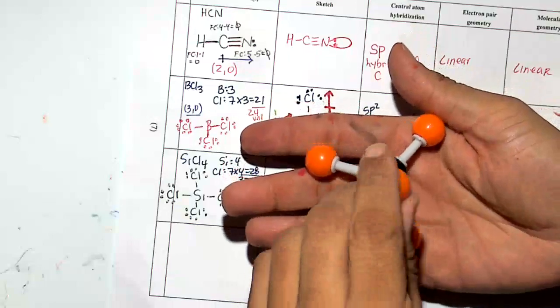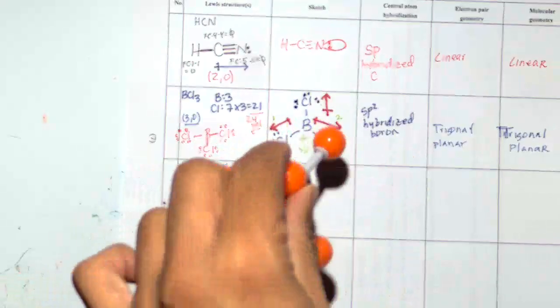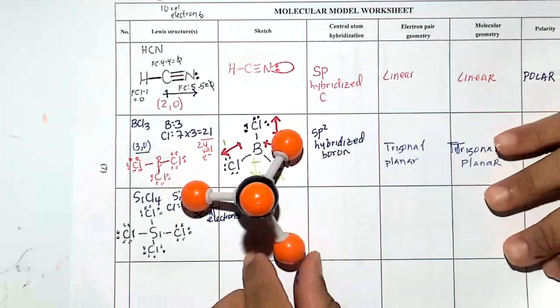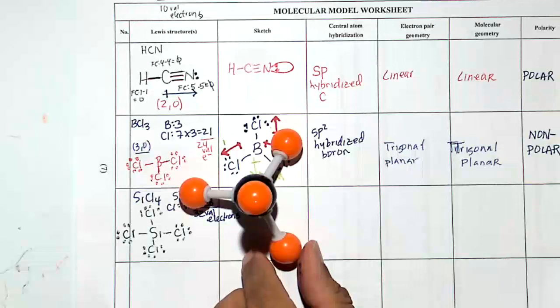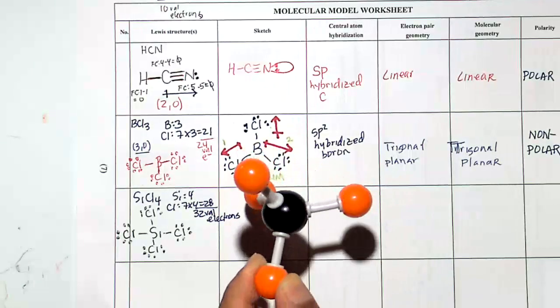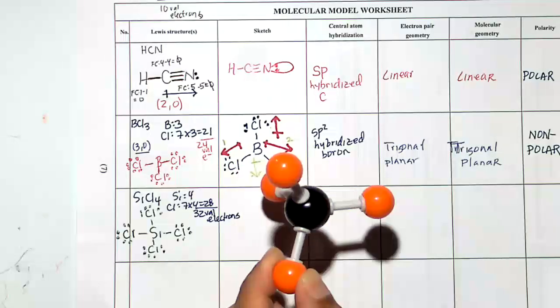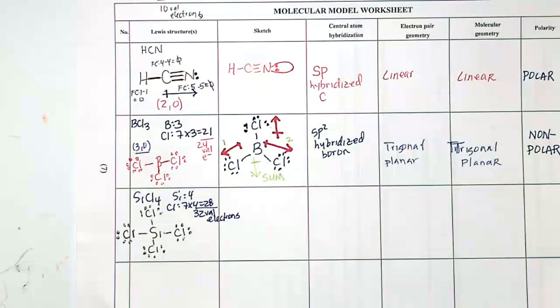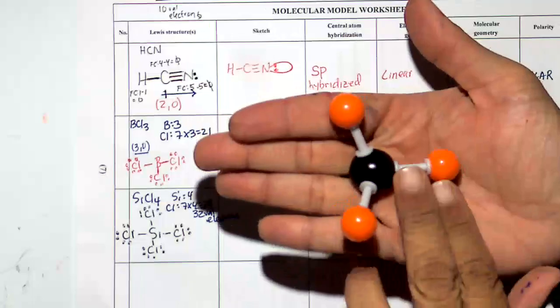Beautiful, beautiful tetrahedral. Okay, how will we draw this in 3 dimensions?